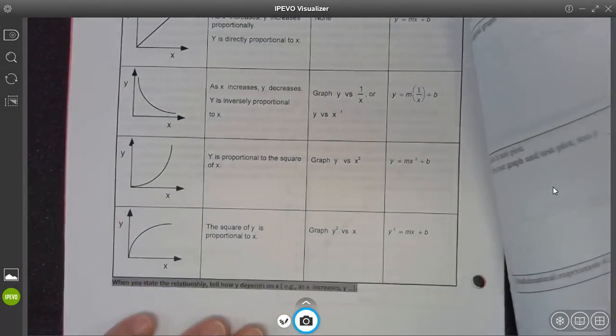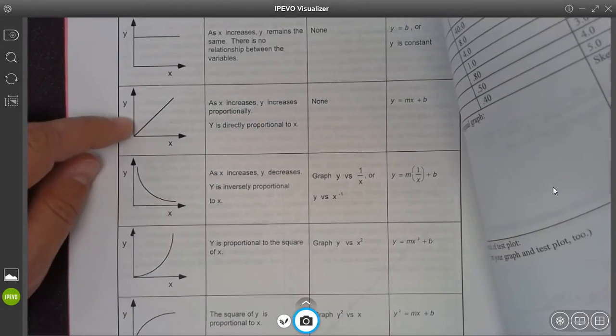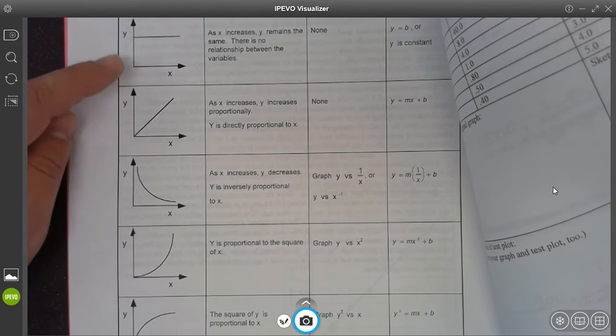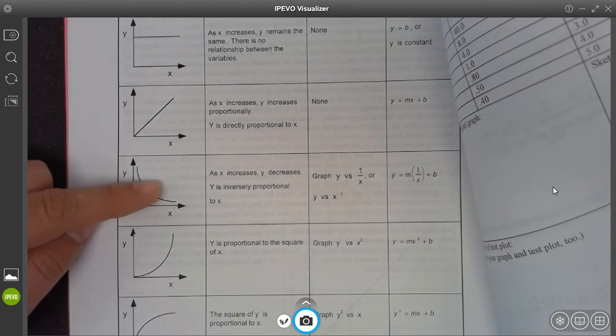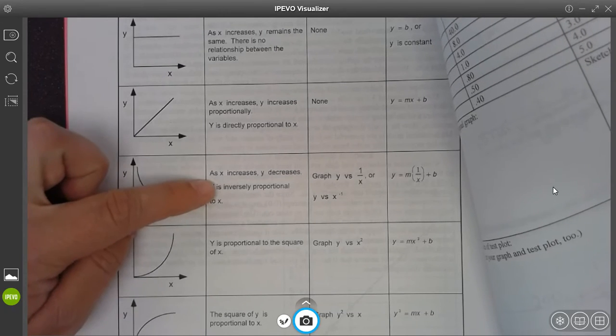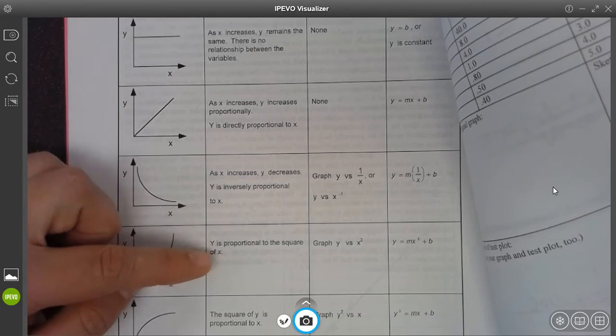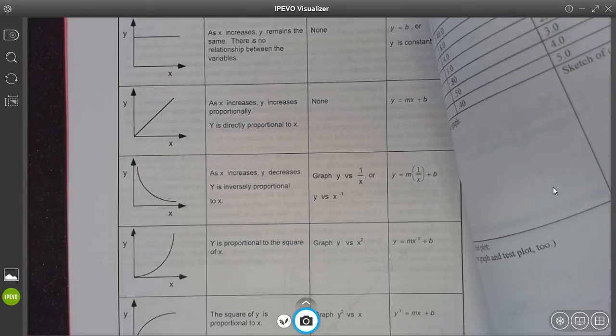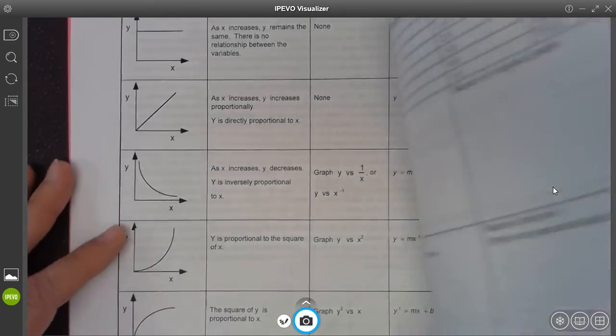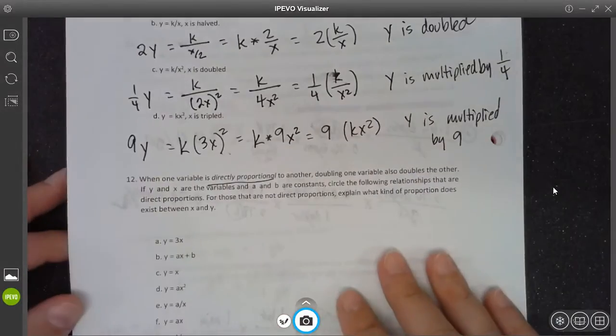You guys remember this? So this one is directly proportional. This is no relationship. And these have different relationships. So we have inversely proportional, proportional to the square, and the square of y is proportional to x. So there's different ways you can approach this.